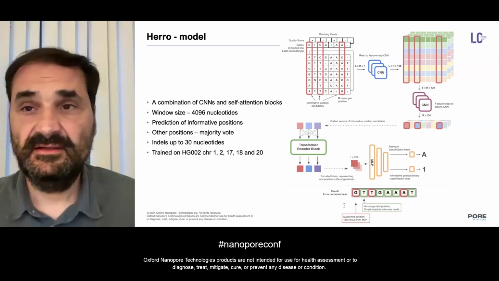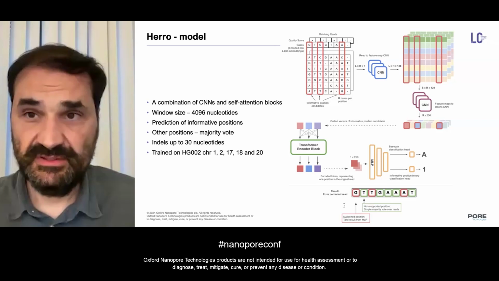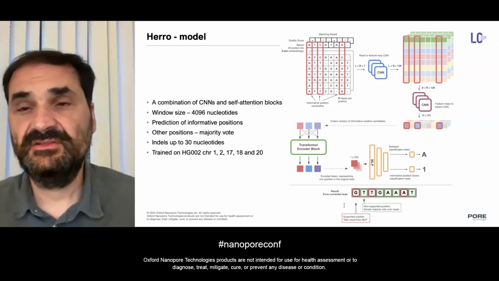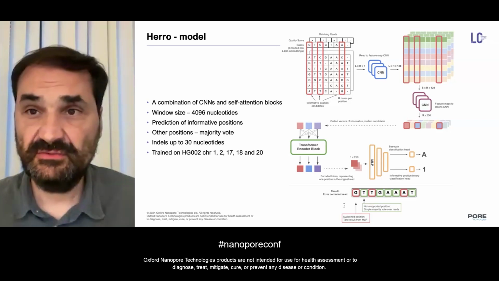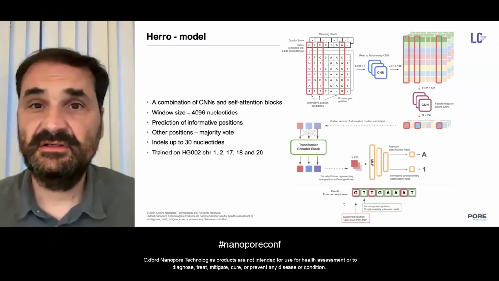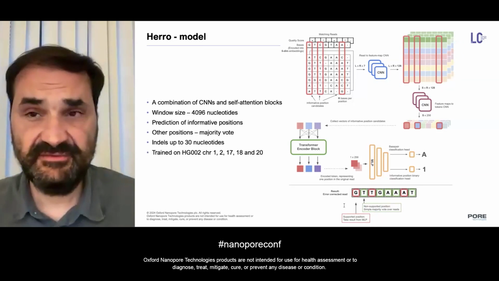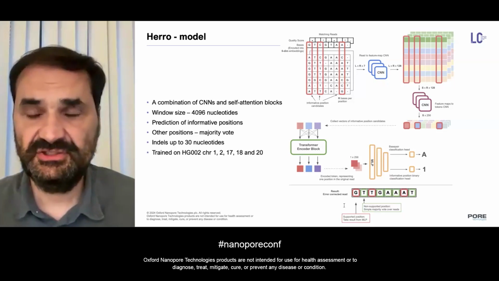And the idea is the following. We take 31 reads per window. Window size is 4,096 nucleotides. So we have windows long enough, so if we have several potentially informative positions, they can support each other.